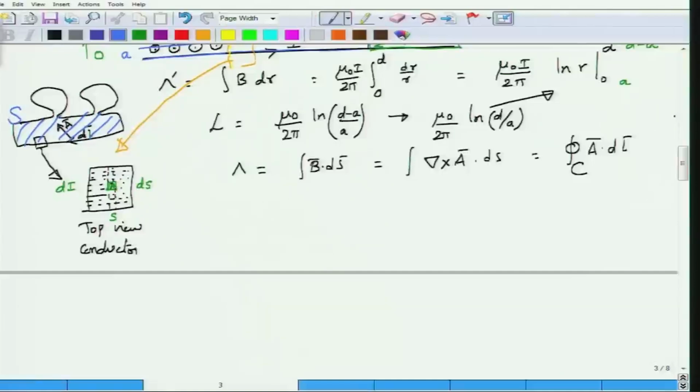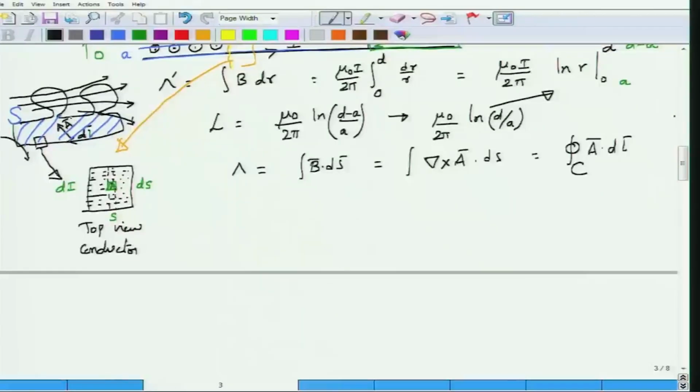This is the region over which I have to integrate the magnetic field, or this would be the periphery over which I have to integrate the line integral of magnetic vector potential A. Why have I written it like this? Let us say some current is flowing, then this current would be linking the second circuit. There could be some magnetic field linking over here, and this is the magnetic field we are interested in.